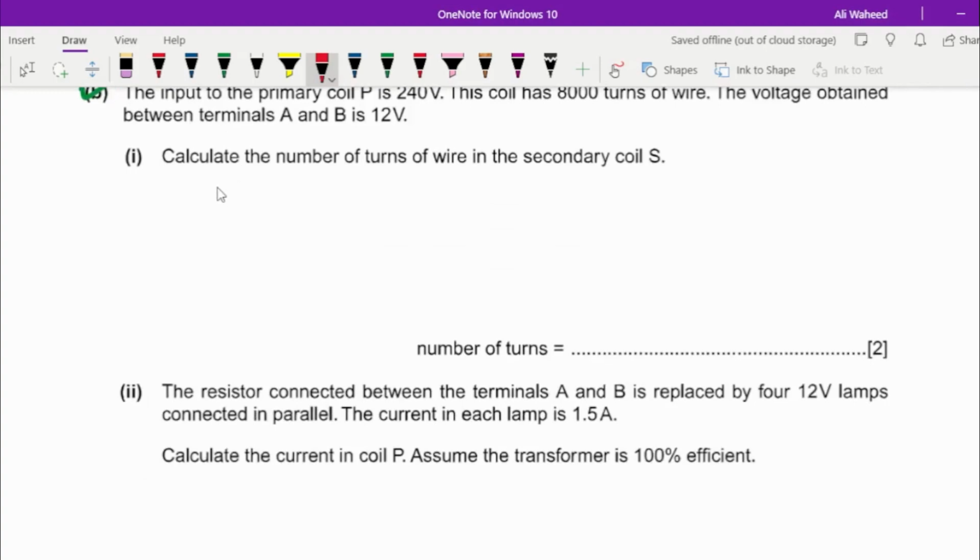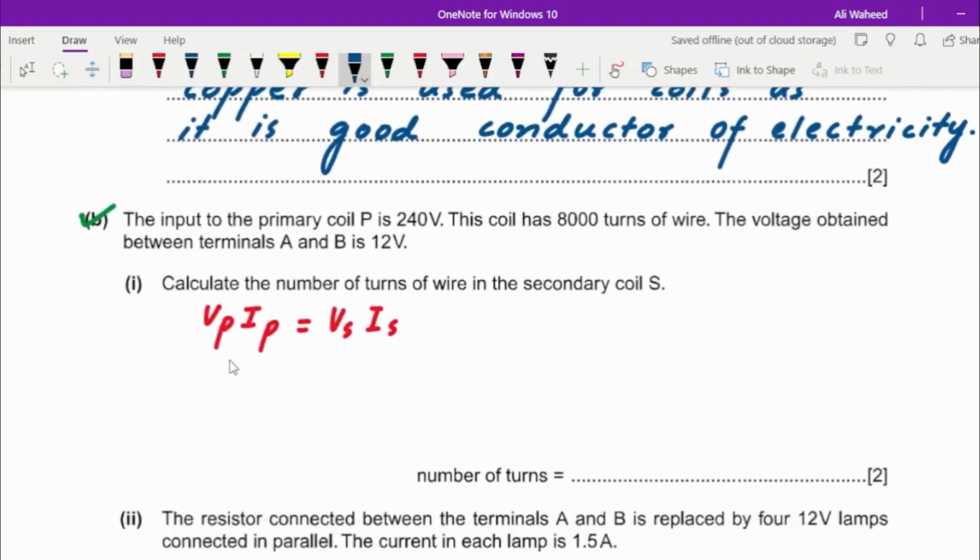So first of all, let us write down the formula. Vp Ip equals Vs Is. What was Vp? It was 240, times Ip, which we write as it is because we need to find it, and that equals Vs, which is 12, and the current was 6.